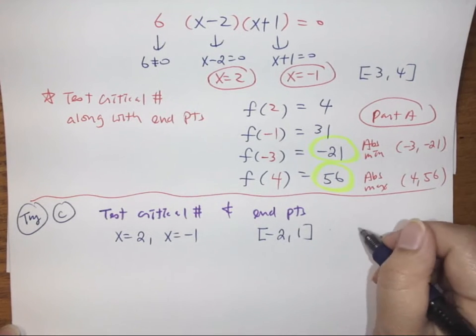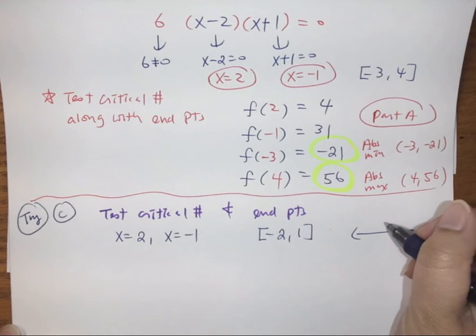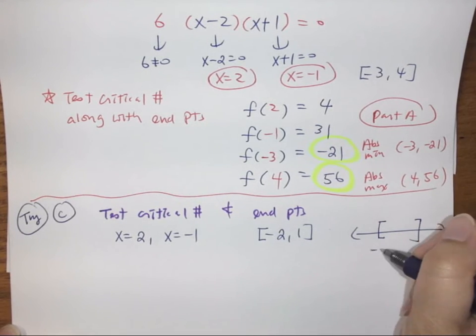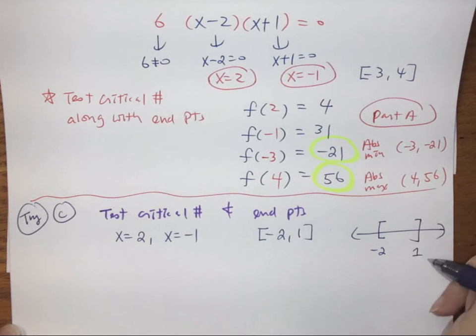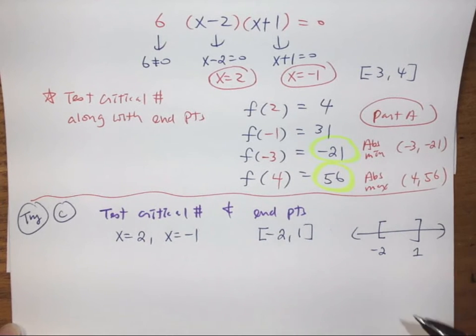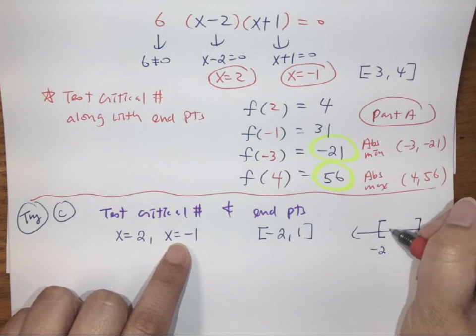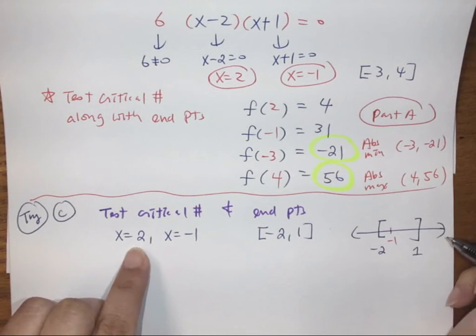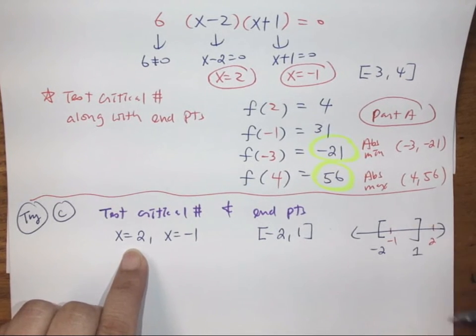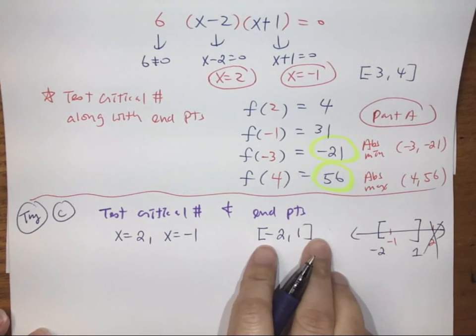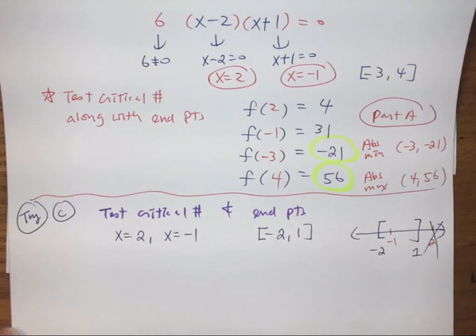What I mean by that is, my endpoints are -2 and 1, and x equals -1 is here, near 0, but x equals 2 is over here. So 2 is not part of the restricted interval.